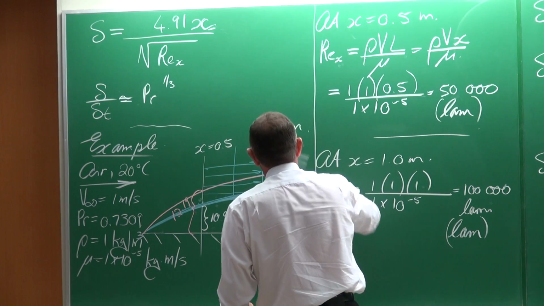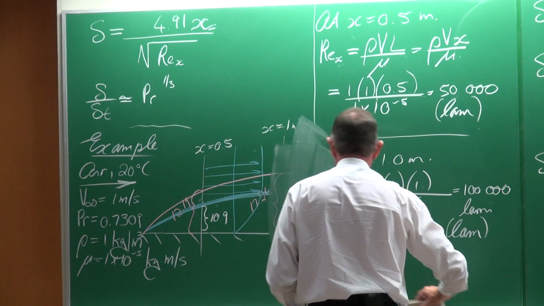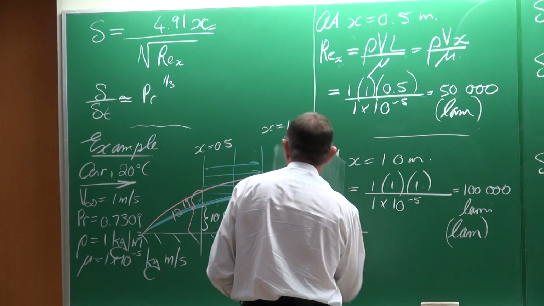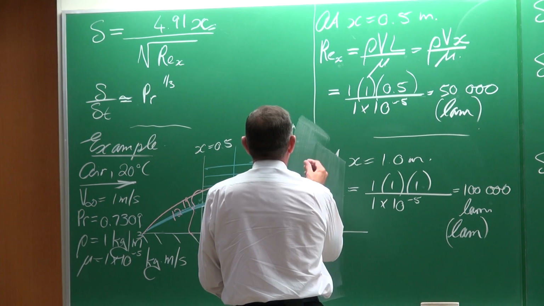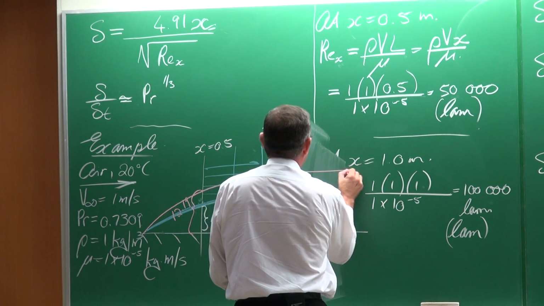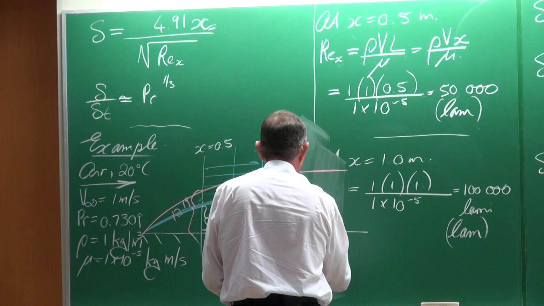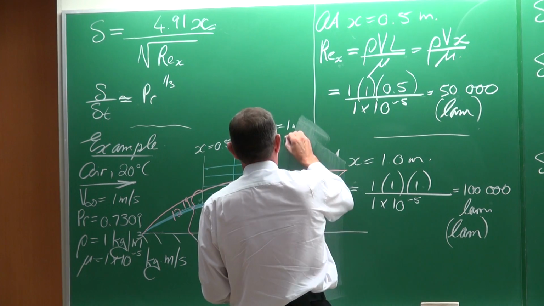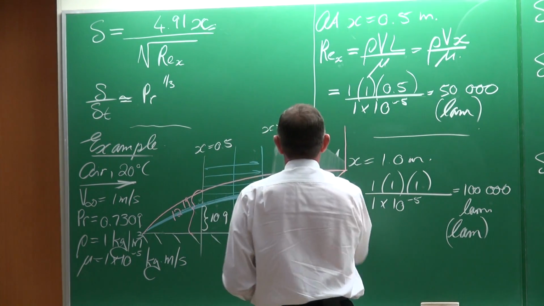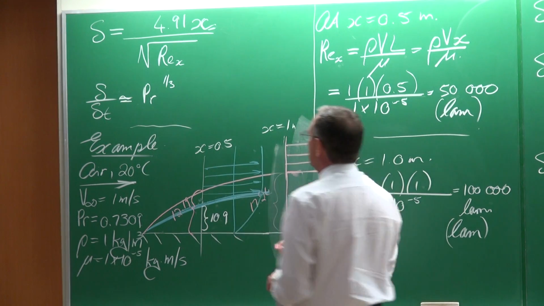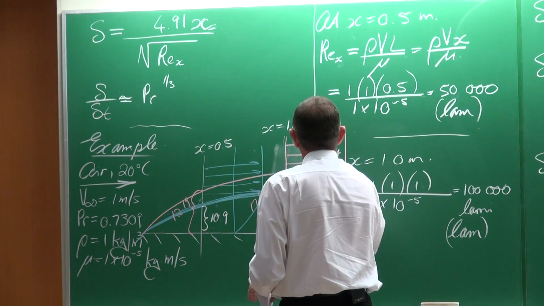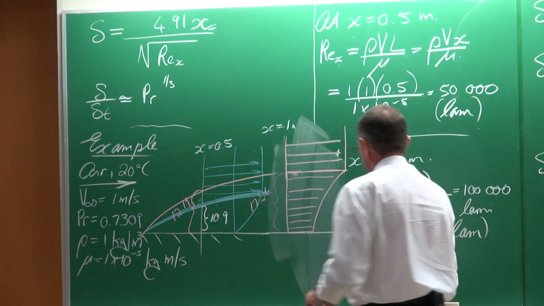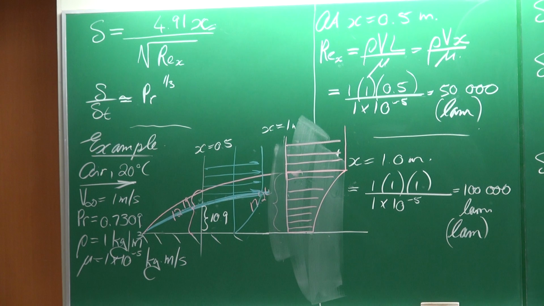I'm going to clean it up a little bit here for myself. Something like that. That would be the free stream temperature, and from there on, if the plate is cooling, it's at a lower temperature, the temperature would decrease. Something like that. Do you all follow it?